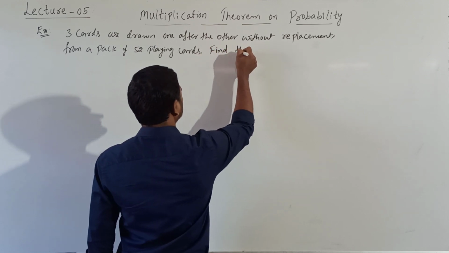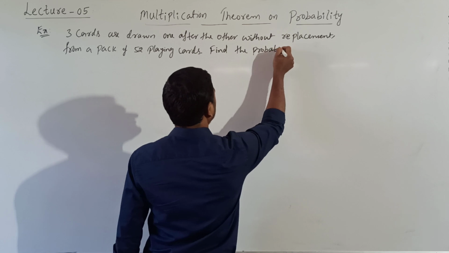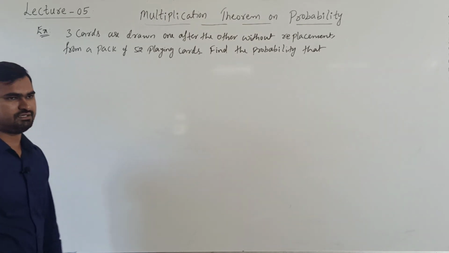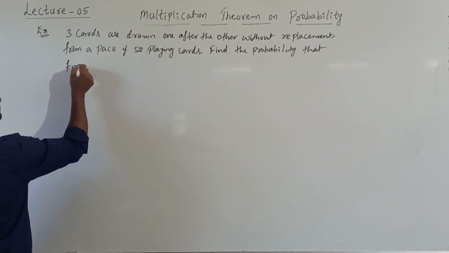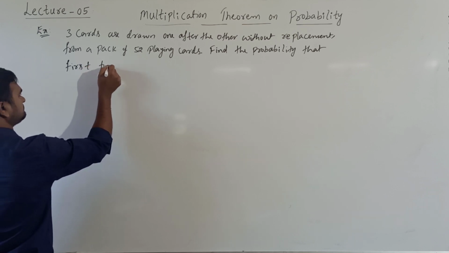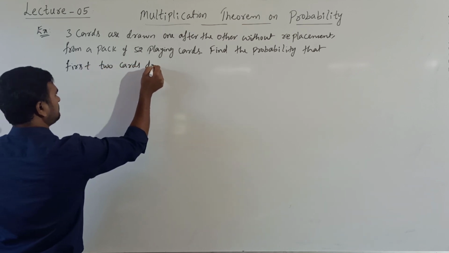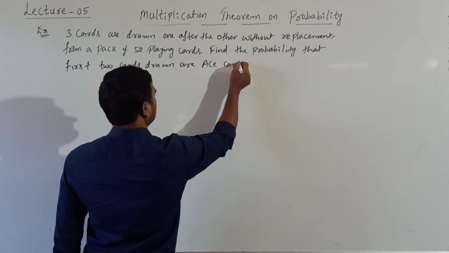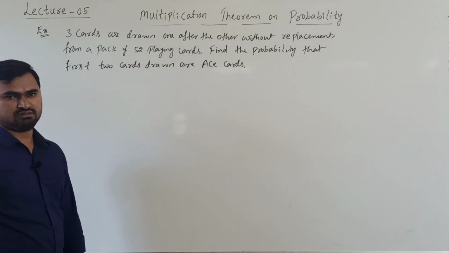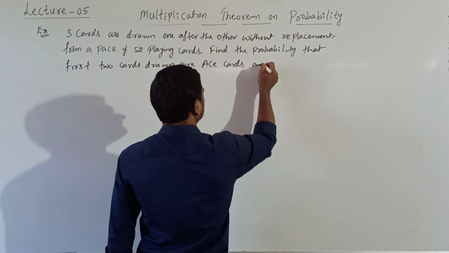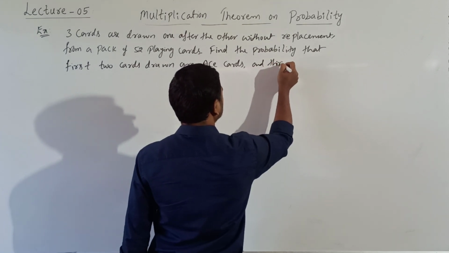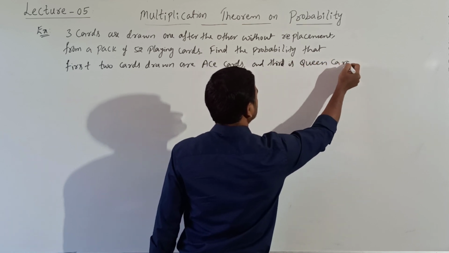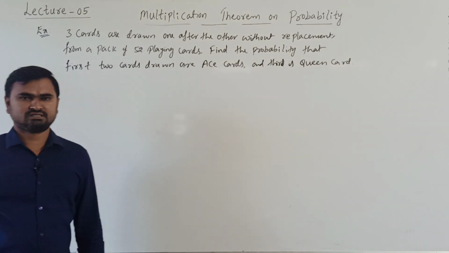Find the probability that the first 2 cards drawn are ace cards, and the third is a queen card. So this is the question.